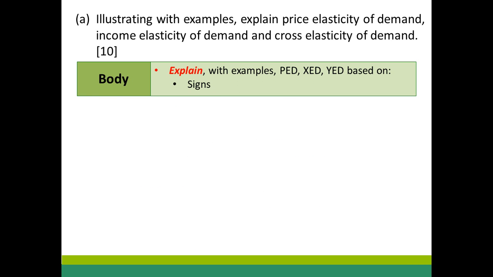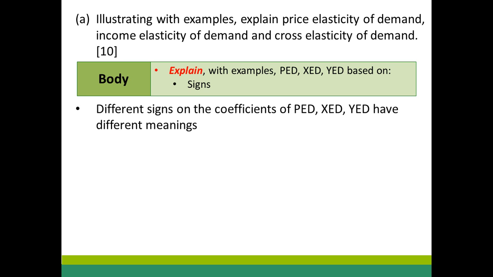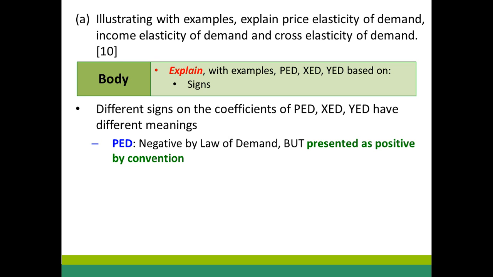Okay, next let us look at the signs on the PED, XED and YED. Okay, so different signs on the different coefficients of PED, XED and YED would have different meanings. Okay, for example, for PED, by law of demand it should be negative. Okay, but by convention we always present it as a positive number for PED.